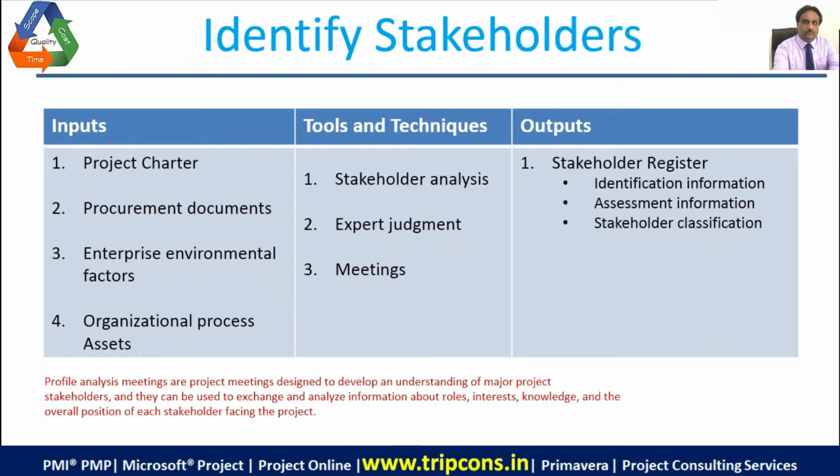We take the project charter, because the charter would contain some of the names of the client side, I mean project engineers, and we take procurement documents, enterprise environmental factors, and organization processes.